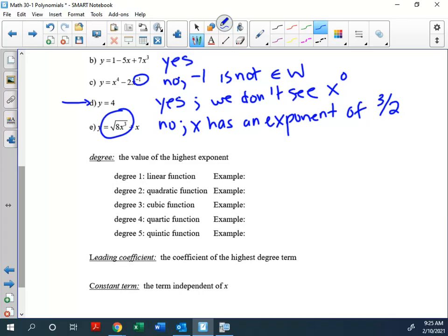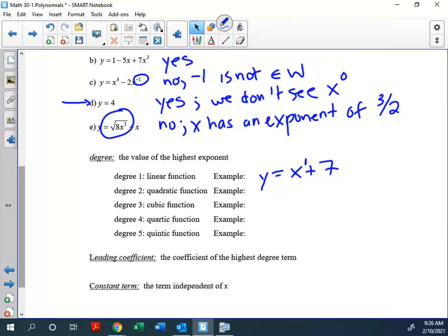But degree 1 is a linear function. You worked in grade 10 with linear functions, remember? An example is something simple like y is equal to x plus 7. That has an exponent of 1 implied, and that is the highest degree because, as we've said, technically that has an x to the 0 there that we don't talk about. But 1 is the highest exponent.